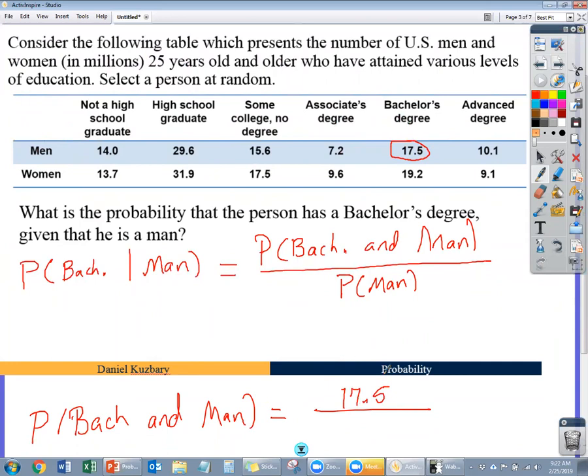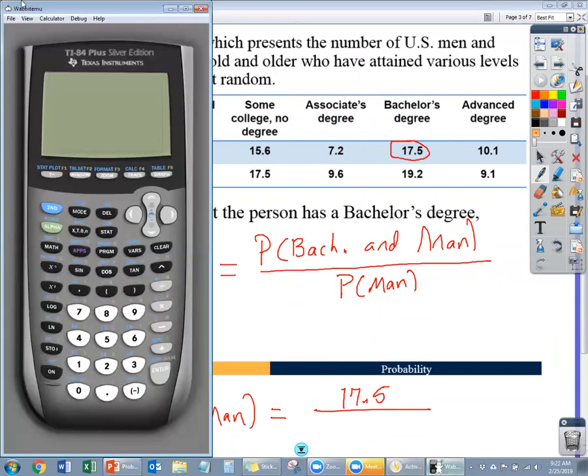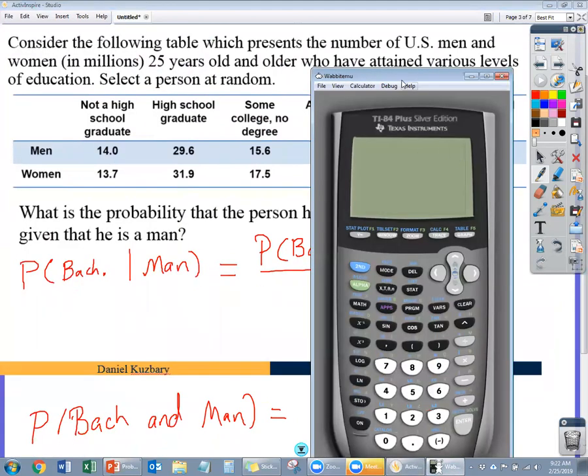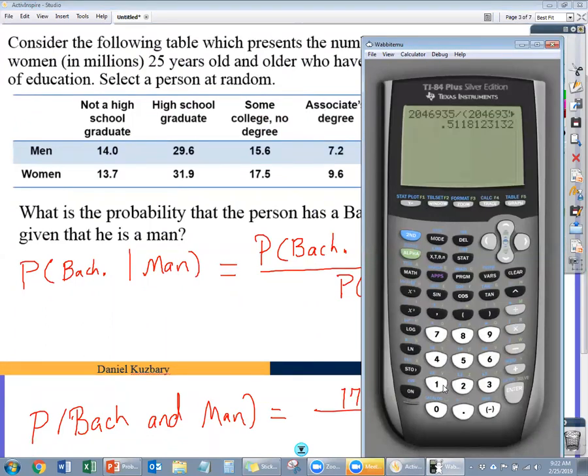My denominator is going to be the total number of people in this list, and I can find that by adding all these things together. So I'm going to start from the left, and my calculator is kind of covering up some things, so just bear with me. That's the not a high school graduate. This is the high school graduate column.